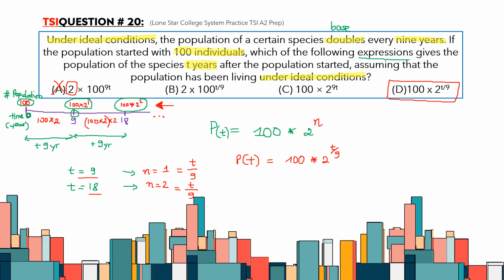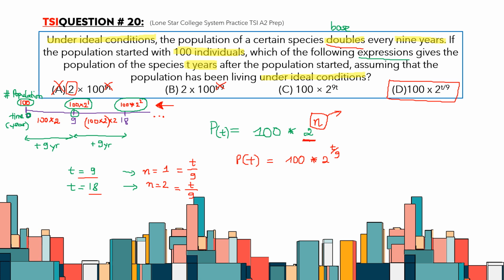It doubles every time, so the next time it multiplies by 2, and multiplies by 2 again. It has nothing to do with 100 to the power of 100. The 100 is the initial population. For the doubling, we know that 2 is the base, and then we have the exponential equation. Our target is to find the power of the base.